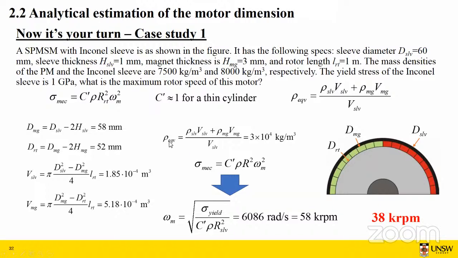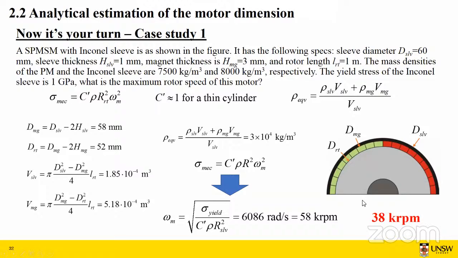Then put all the values into this equation, and very easily we can get the maximum speed for this rotor to rotate safely. It's around 6,000 radian per second, and that is approximately 58 kilo RPM. But you can't use this value directly as the maximum speed.